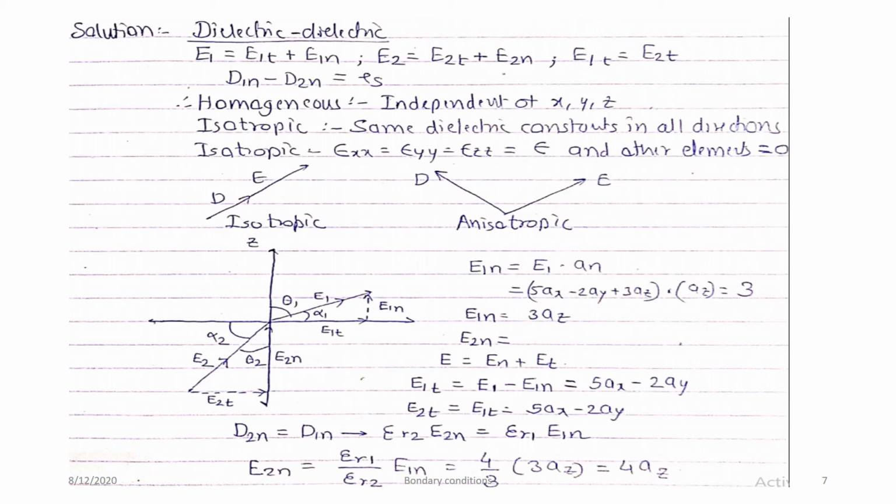Now D2n is equal to D1n, and that implies epsilon R2 E2n is equal to epsilon R1 E1n. E2n you can find as epsilon R1 by epsilon R2 into E1n, that is 4 by 3 into 3az, so we'll get 4az.